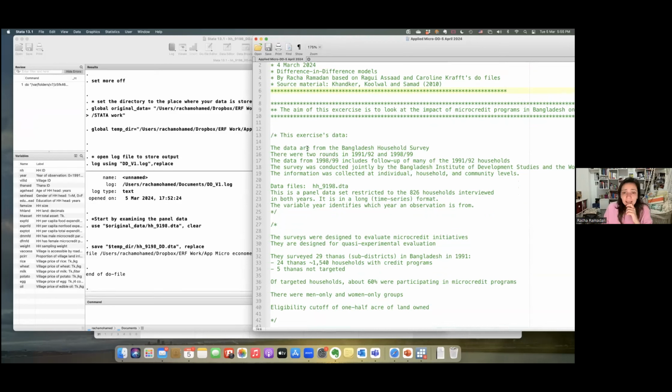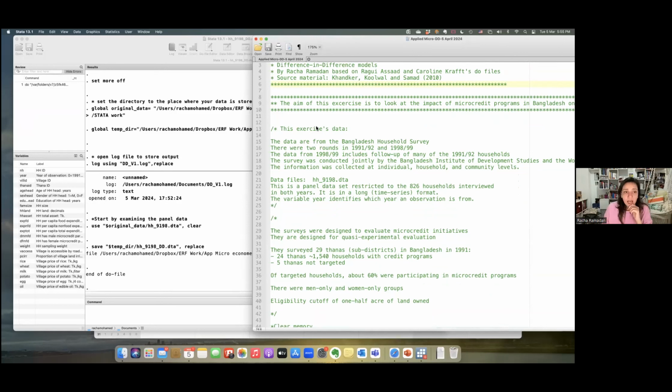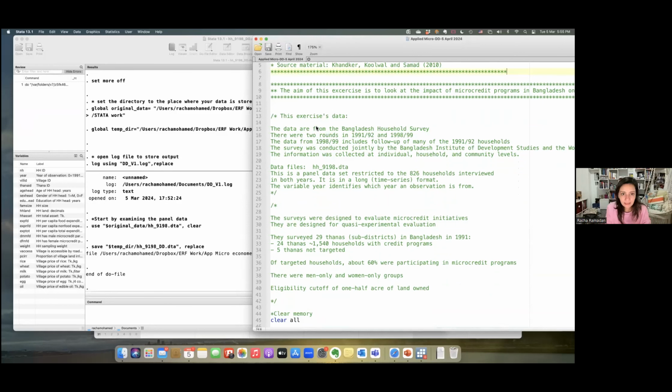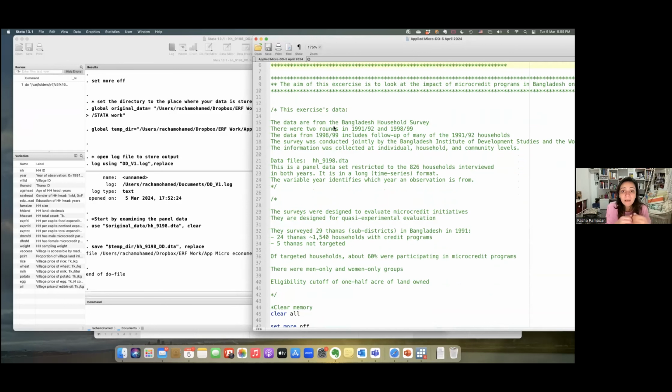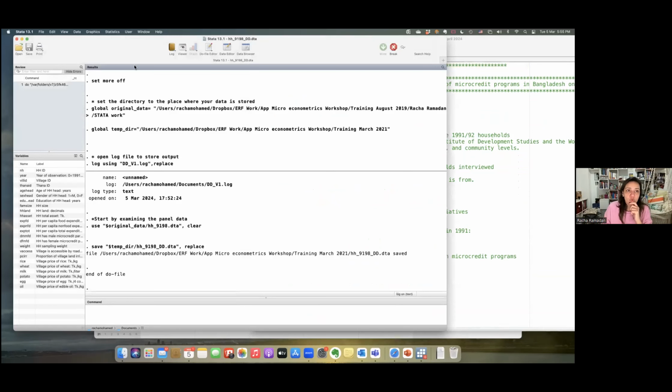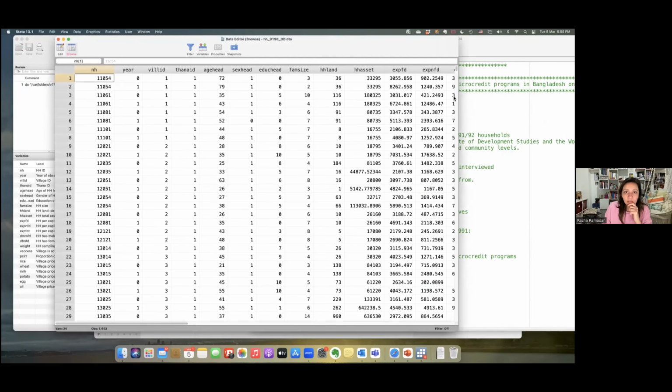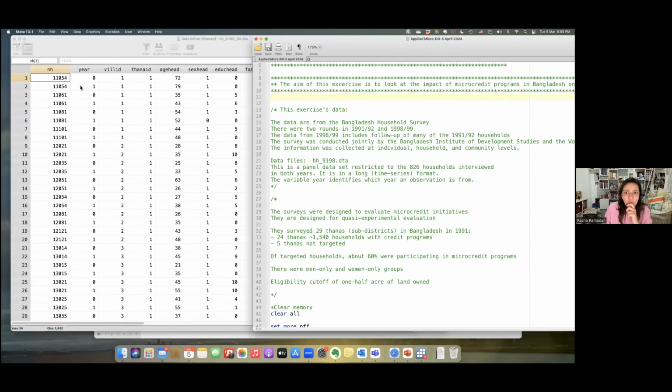The data we use is from the Bangladesh household survey, but it is modified for the purpose of the training. We have 2 periods in time, 91, 92, and 98, 99. So in the data set, what you saw, the year 0 is the year 91, and the year 1 is the year 98, 99. Okay.